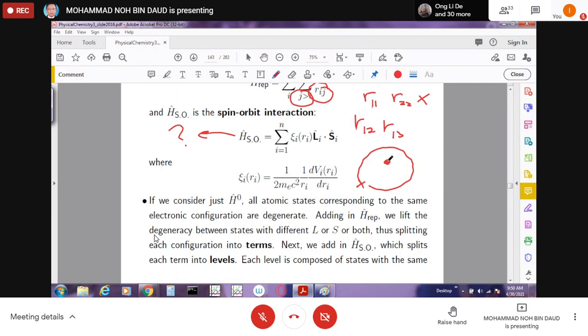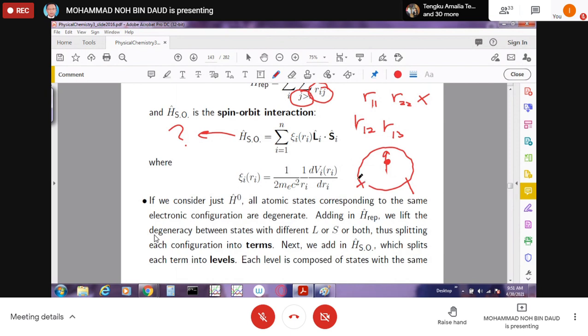So what we can see is that these motions of the nucleus produce a magnetic field that interacts with the intrinsic spin. This electron has an intrinsic property, the spin magnetic moment, giving this spin orbit interaction.